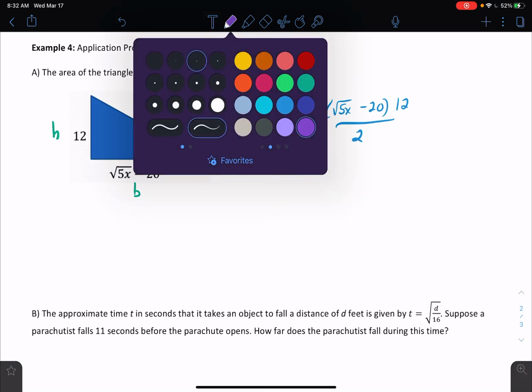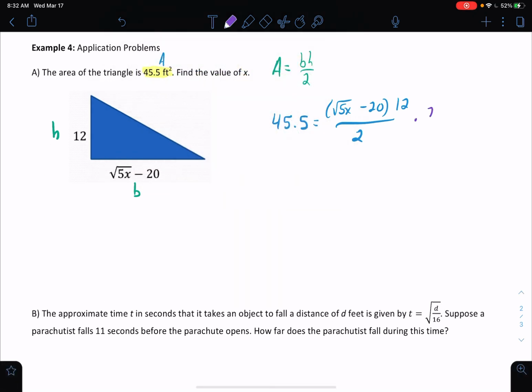Now we just need to solve for x. Okay, so a couple different ways we can do this. First way is just to multiply both sides by 2. That's going to cancel these out. 45.5 times 2 is going to give me 91. So I'll get 91 equals the square root of 5x minus 20, all times 12.